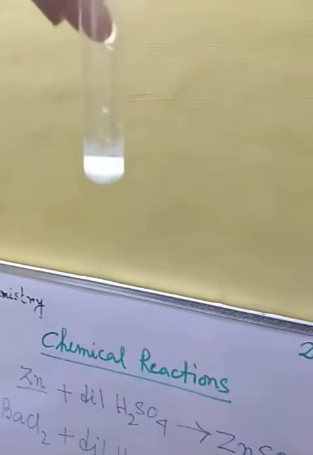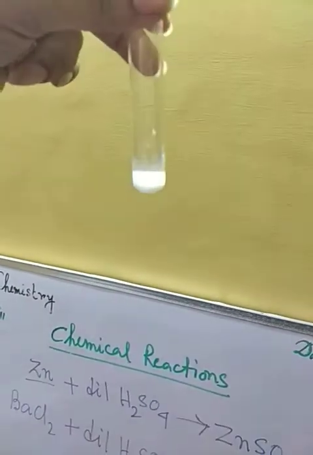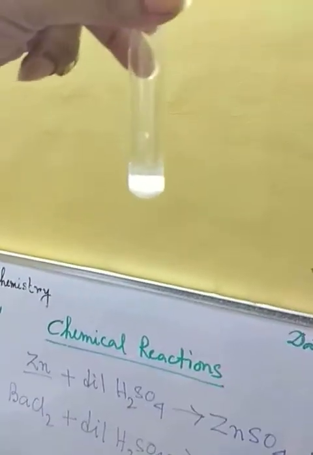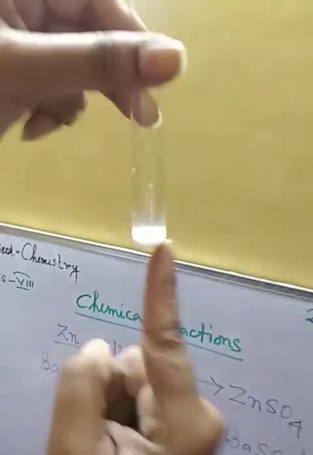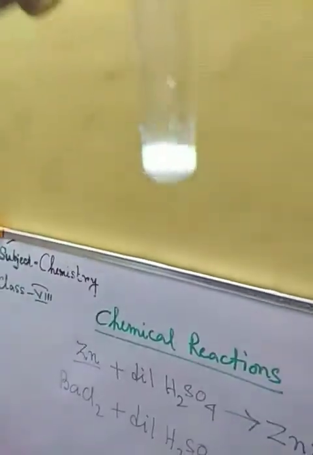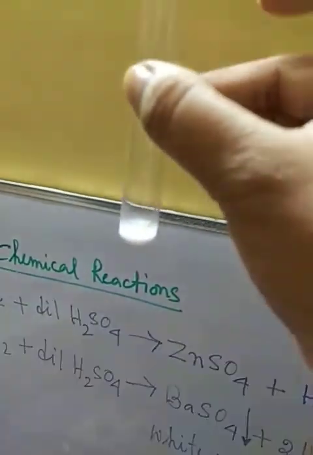precipitation. Now if we keep this in a stand, or keep it in the open undisturbed, then we will be getting the precipitation. Already we have got the precipitation at the bottom. So this is the precipitation of barium sulfate.